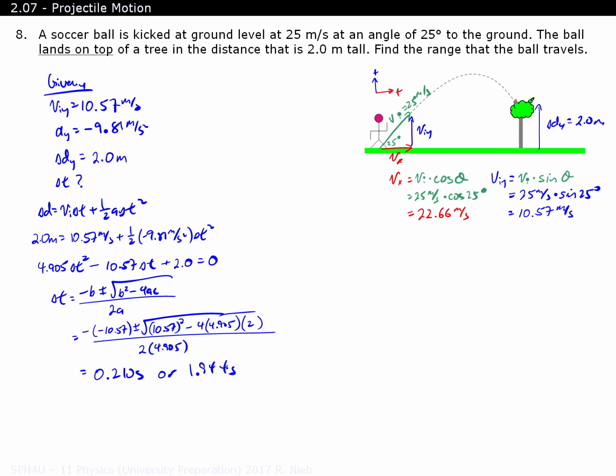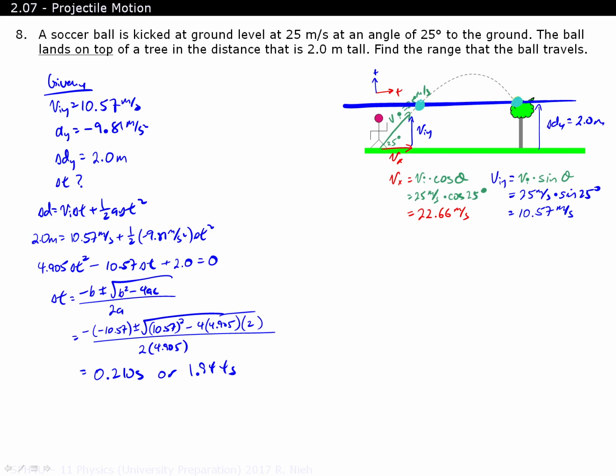All right, so you might be wondering, oh man, I got 2 positive roots. What's going on? Well, if you look at the original picture, and you know that this line over here represents 2 meters, there are 2 instances when you've reached the 2 meter mark. One of them is when you landed on the tree itself, but another instance of when it reached the 2 meter mark is at the beginning of the activity.